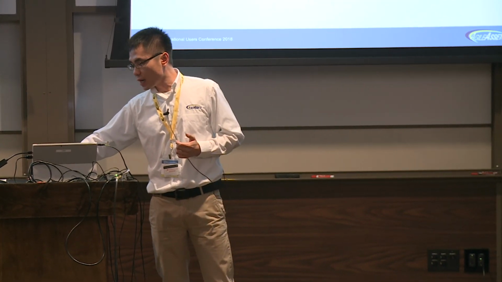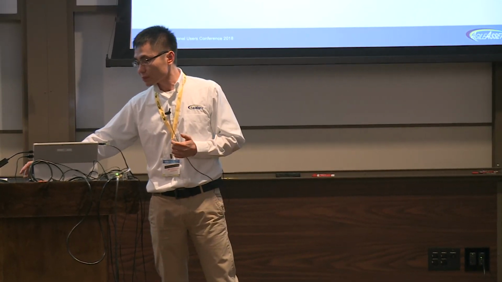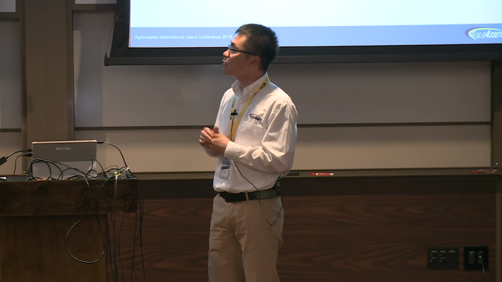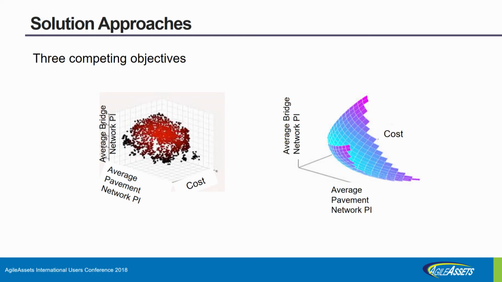So if we bring this concept, the efficient frontier, to multiple-objective analysis, we are essentially getting not a line of Pareto frontier, but a surface of efficient frontier.